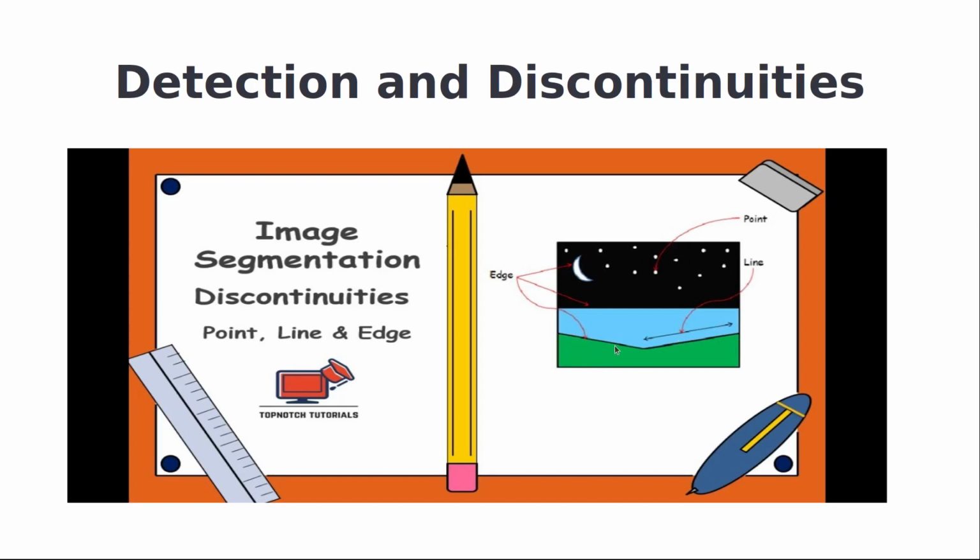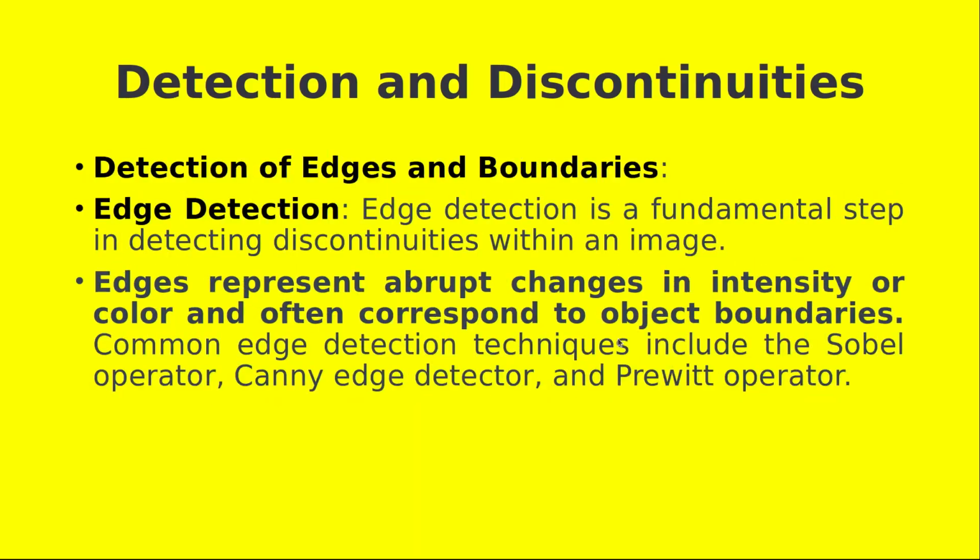These two regions are split by one line. This line is called an edge. To detect edges we use techniques such as the Sobel operator, Canny edge detector, and Prewitt operator. These are three different techniques used to detect edges.